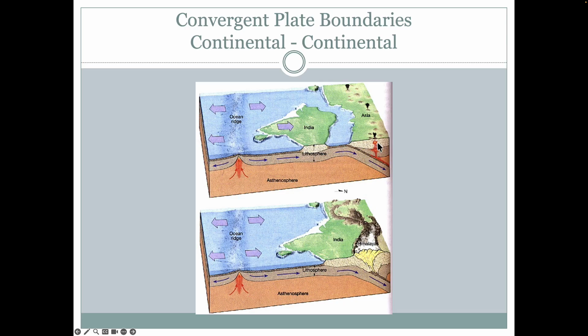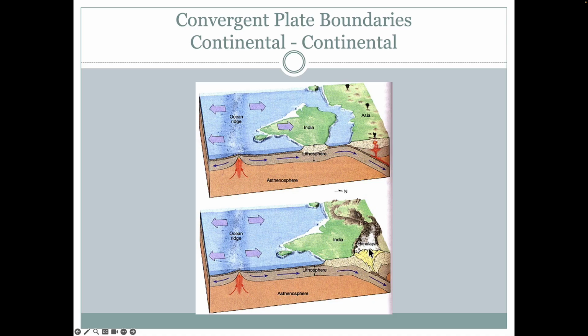At that time, there would have been volcanoes in this area, but once India and the Eurasian continent start to collide, there's no more oceanic lithosphere to be subducted, so the volcanoes kind of turn off, and the highest mountains in the world were built during that time, the Himalaya mountains.